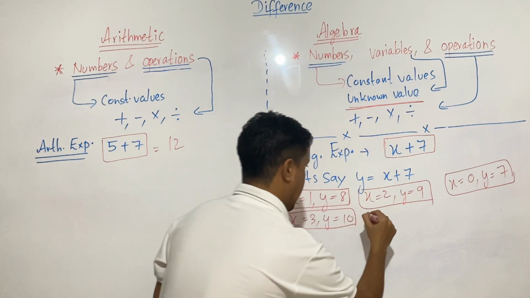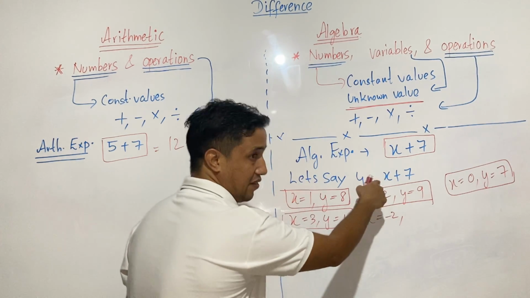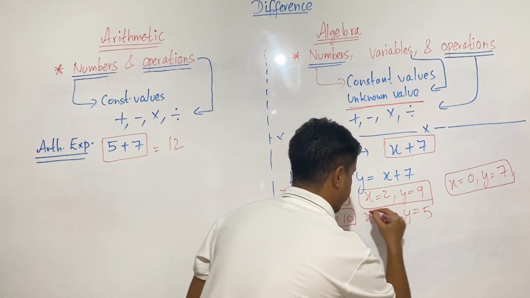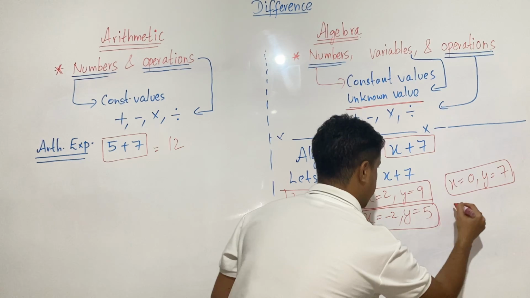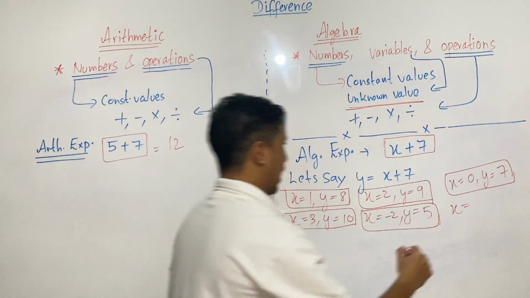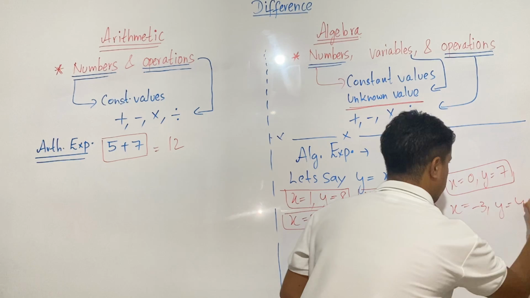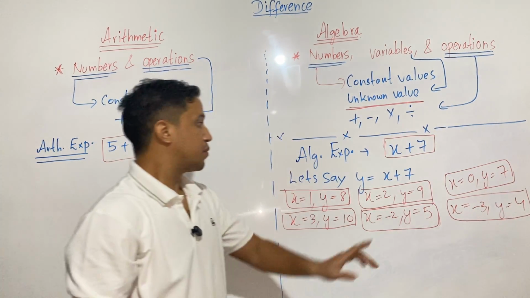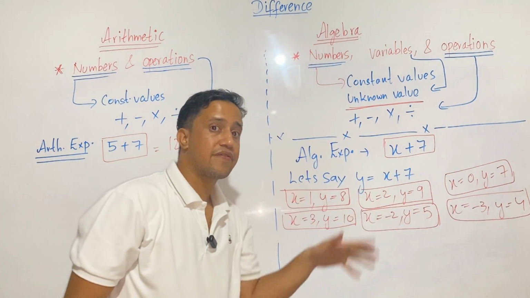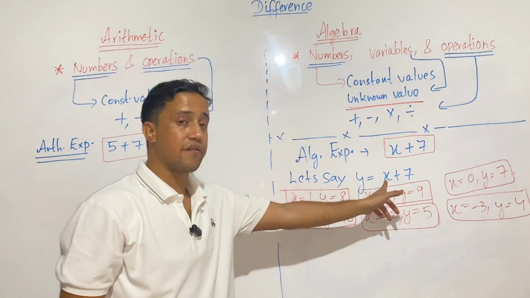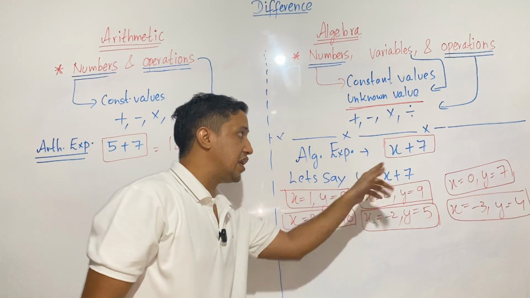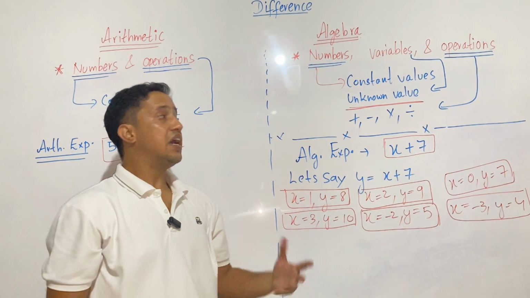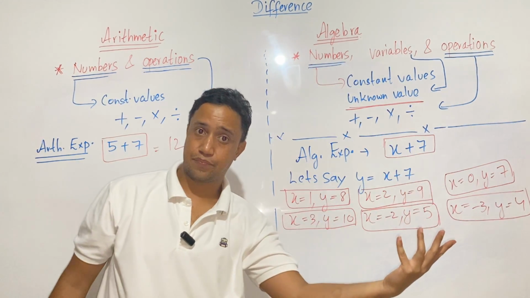If I put x equal to minus 2 in this equation, y is going to be 5. If I put x equal to minus 3, y is going to be 4. So see here, if you put different numerical values for this variable, then y, the value of this expression, is changing too. That's what algebra says.